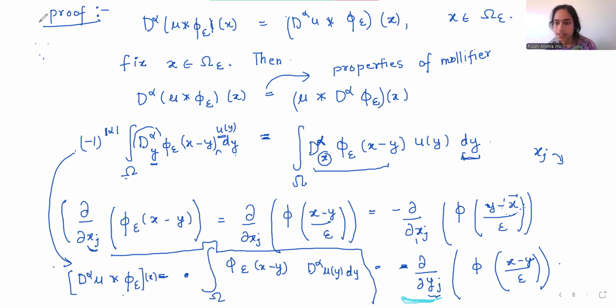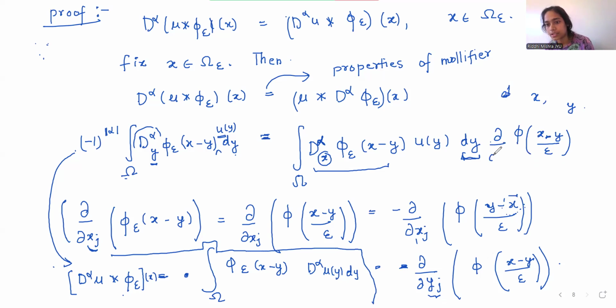So first thing, let's do it one by one, when you have x and you have y. If my function is, let's say, of x and y, then when you differentiate with respect to x, this means you have to differentiate with respect to x, and there is also one more variable y.